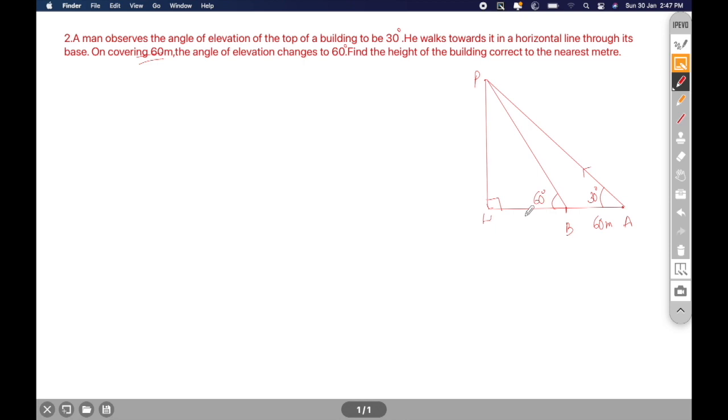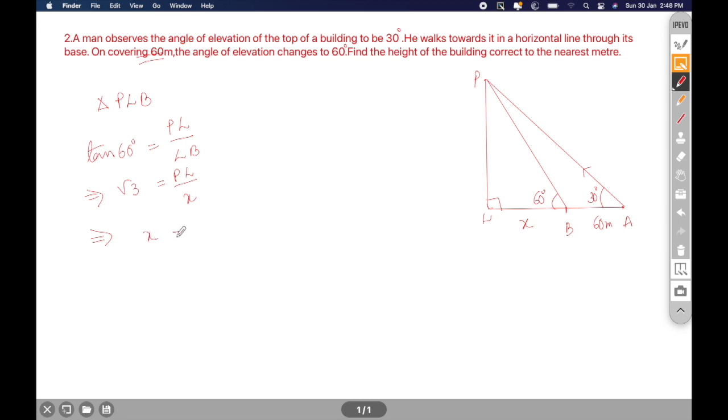Let us consider BL as X. Now, since we need the perpendicular distance and the base is given as X plus 60 meter, so we can consider the ratio of these two sides, and for triangle PLB we can write tan 60 degree equals to PL by LB, and LB we have considered X, so PL by X equals to root over of 3.